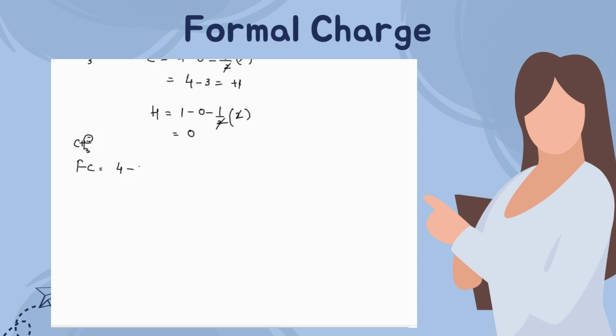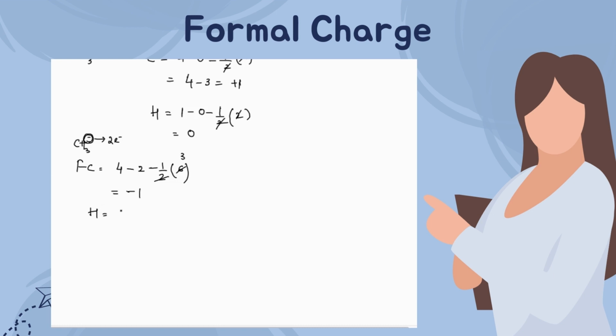Now here, since there is a negative charge, you have to take it as 2 electrons. That means there is one lone pair on carbon, which is equal to 2 electrons, minus half into bond pair electrons. It's the same, 3 hydrogens, so 6 electrons. So 4 minus 2 minus 3 is how much? Equal to minus 1. Okay, so the carbon has a minus 1 formal charge.